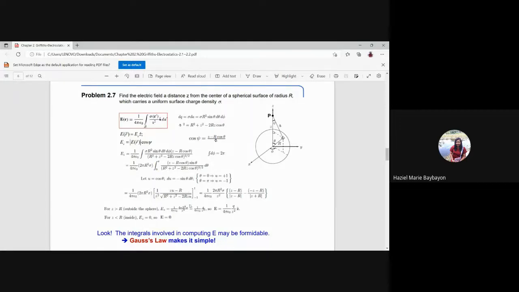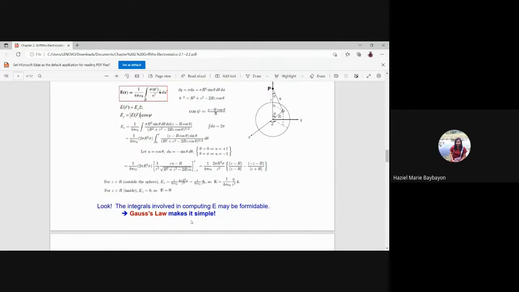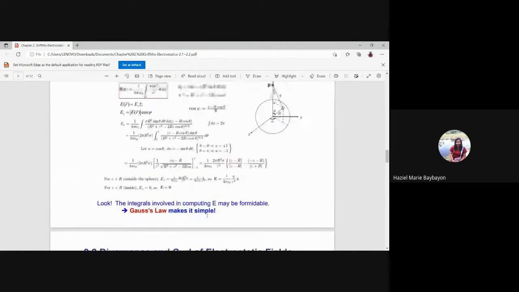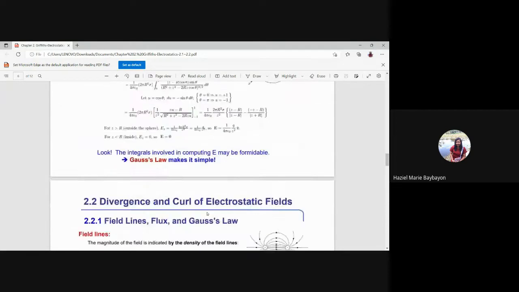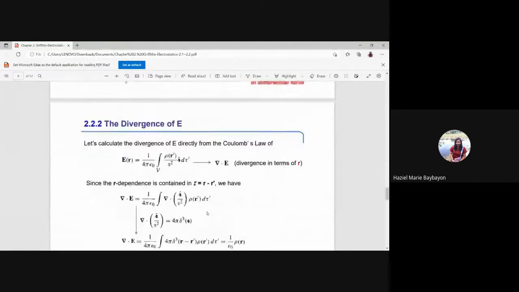If you don't know those, this will be very, very long. But you can use Gauss law to make it simple. Okay, so I guess the next topic is Gauss law.